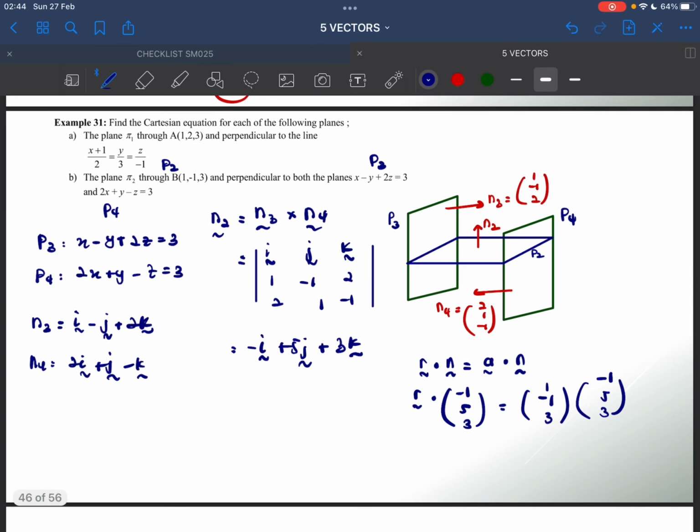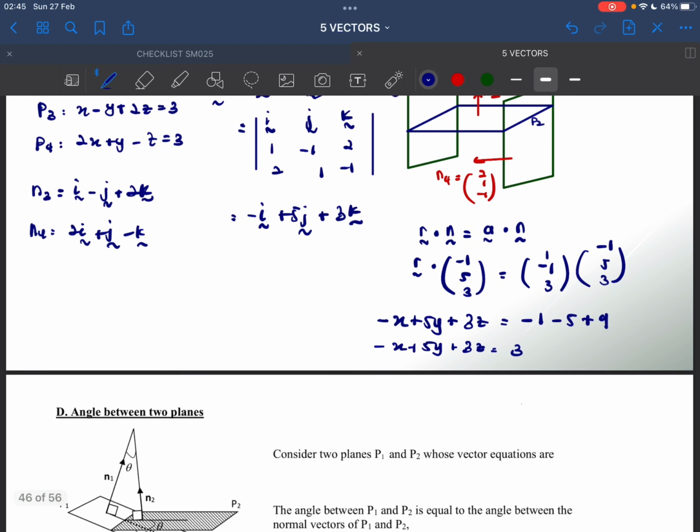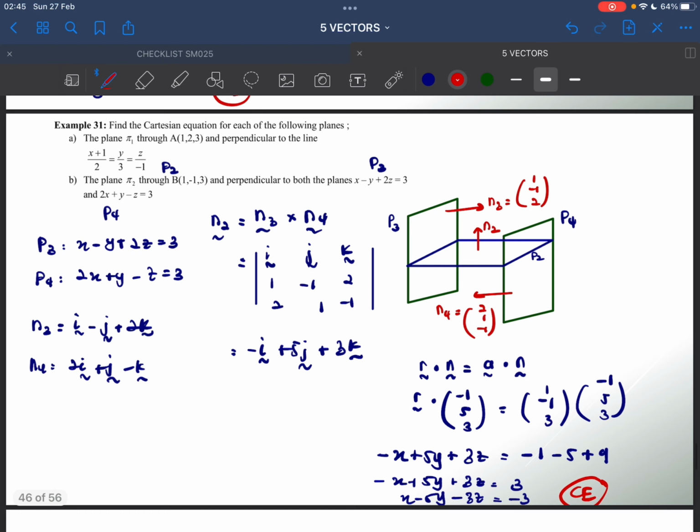So here we should have -x plus 5y plus 3z, and here we have -1 minus 5 plus 9, and that should equal 3. So we have -x plus 5y plus 3z equals 3. You can also divide everything by negative, and you have x minus 5y minus 3z equals -3, or just leave it like it is. Okay, so this is the Cartesian equation of a plane.